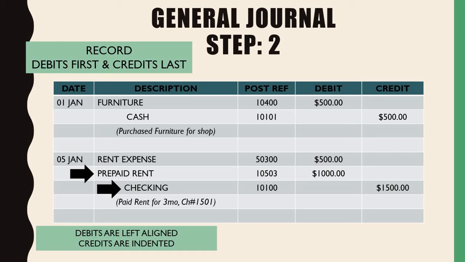Now, here's the thing too. On the top of your journal, it should say description on it. Now, usually you're going to put your accounts in there, but at the very bottom, once you complete your debits and credits, right, then you're going to write a brief description of what that transaction is. Because again, oftentimes transactions can be very vague. If I bought furniture, well, what kind of furniture did you buy?